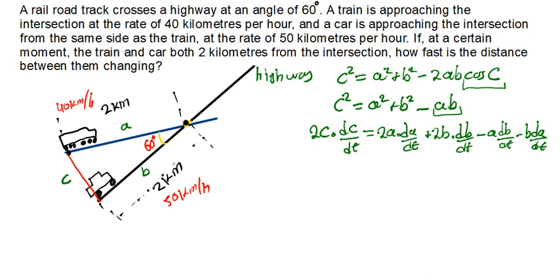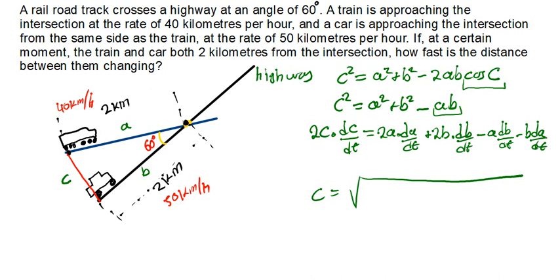First of all we have to find what c is. To find c, we of course use the cosine rule itself. We have a, we have b, we have the angle, so c equals the square root of a squared plus b squared minus 2ab cos 60.